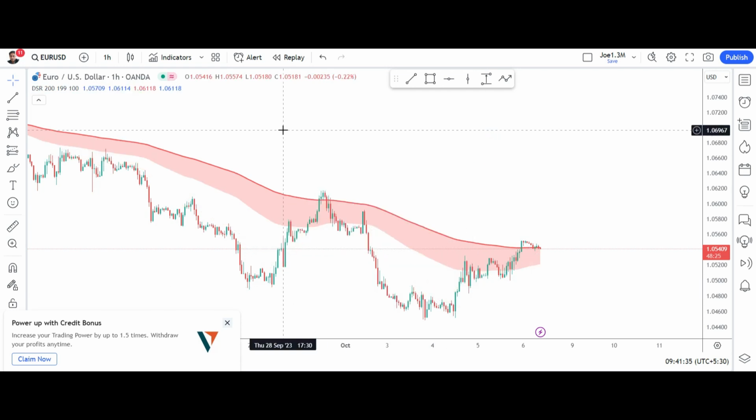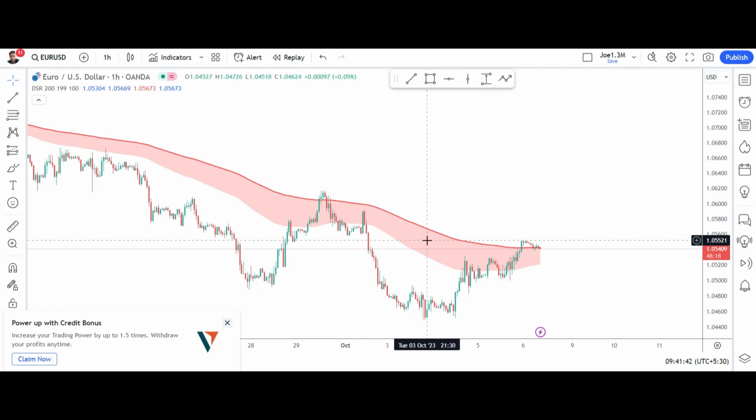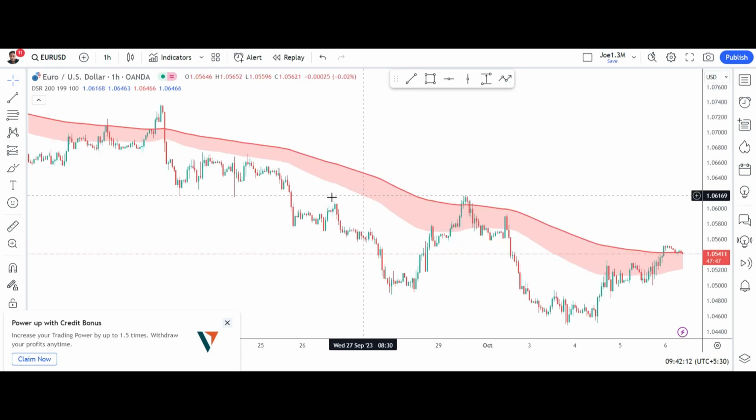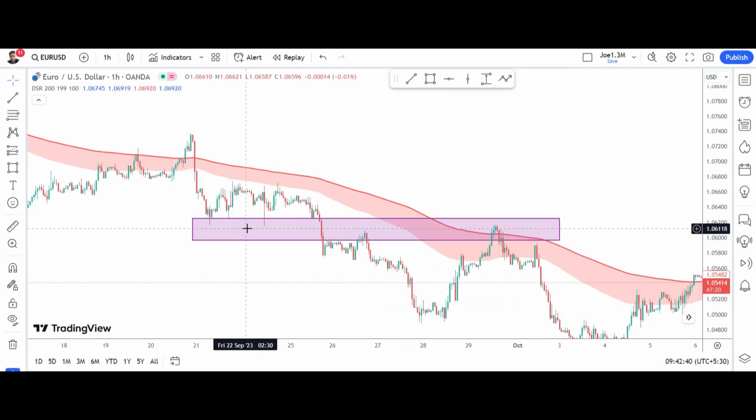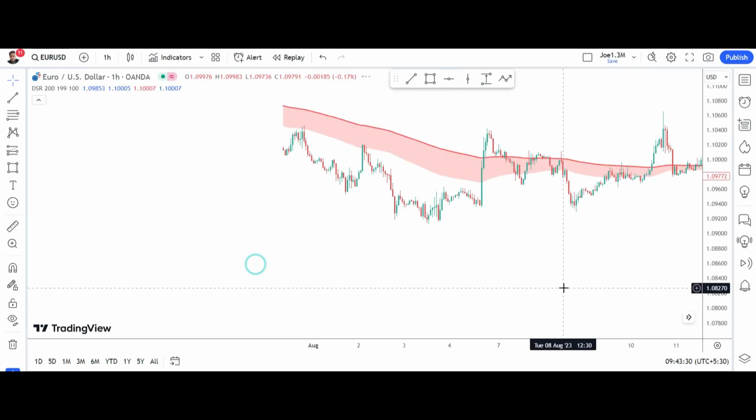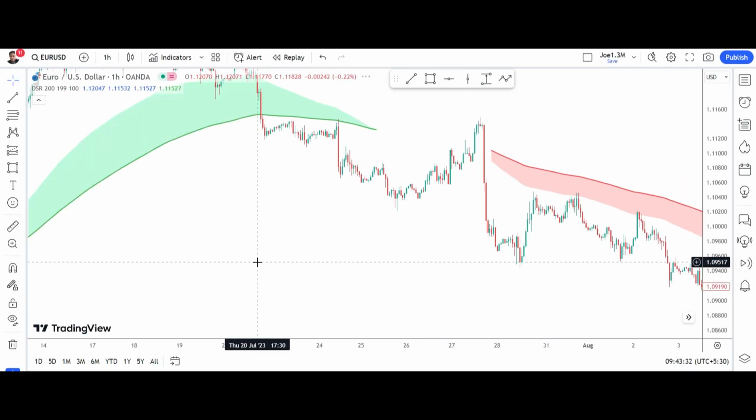You have 200 EMA on top and 100 EMA on the bottom, and this red color zone or the dark peach color zone is your dynamic resistance area because the market is in a downtrend. The price is coming close to it and then going down. Support area got converted into resistance area, again got converted into the resistance area, and there is a dynamic resistance area also over here. So the market has been in a pretty long downtrend, and there you go.